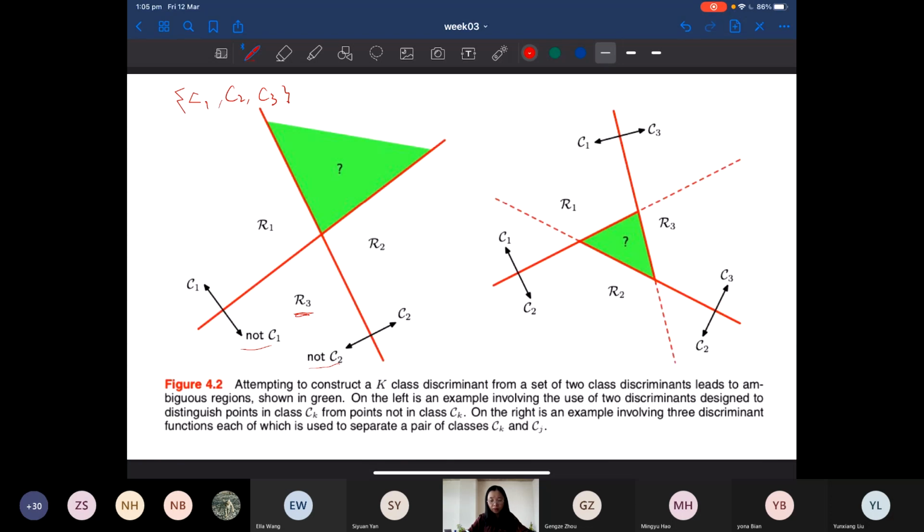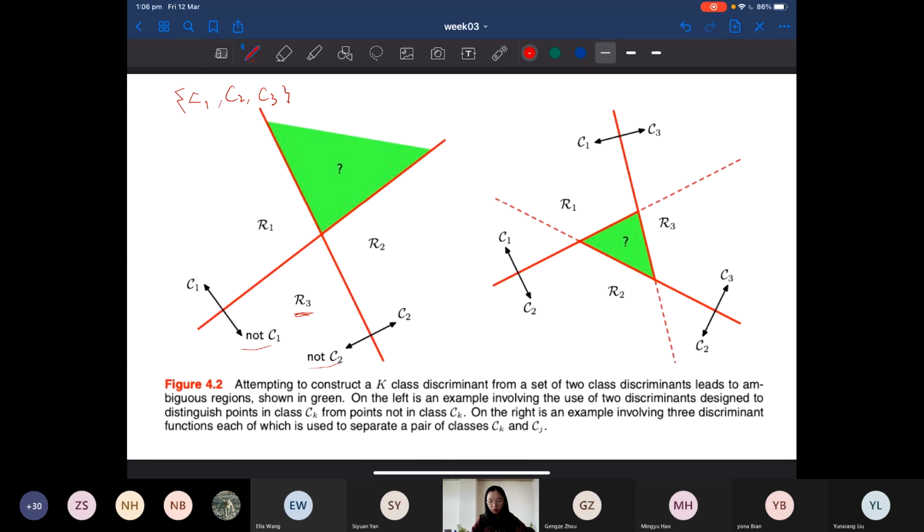A similar dilemma exists if we try to build what's called pairwise discriminants. We draw a line for C1 versus C2, another line for C1 versus C3, and then another line for C2 versus C3.